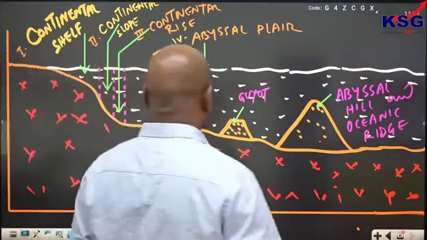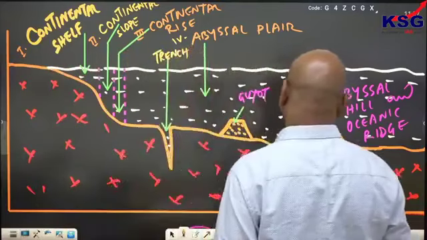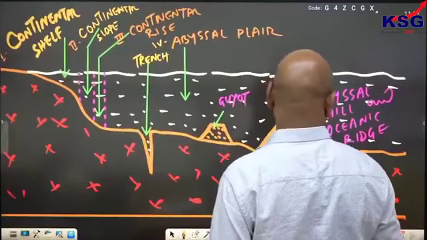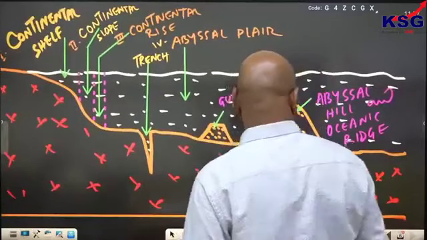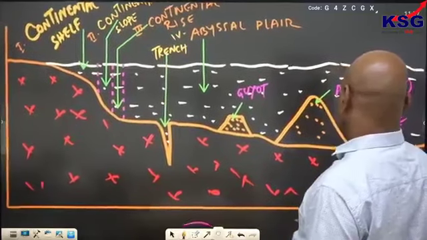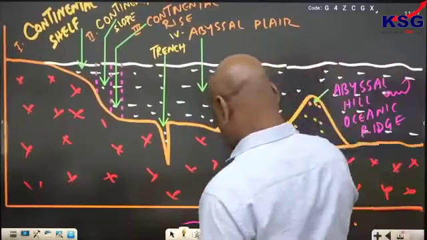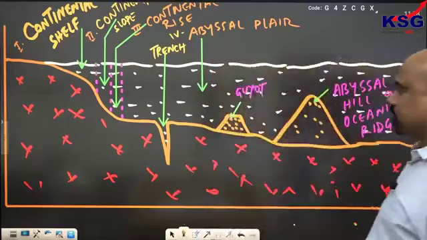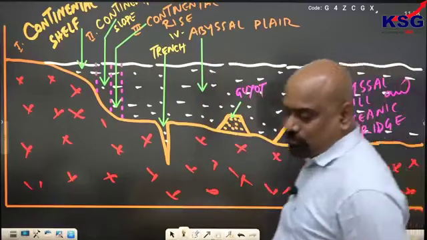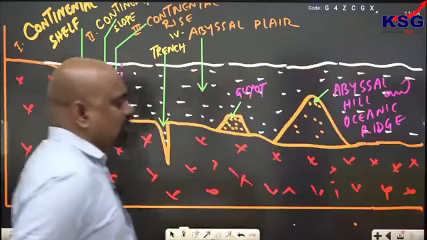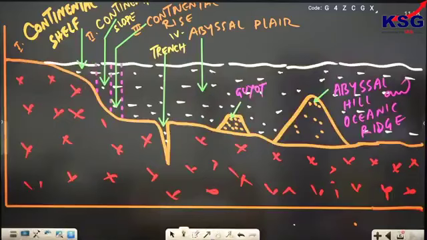You can go for abyssal hill, or oceanic ridge. I hope you have drawn this. Please draw this first. इसको ड्रॉ कर लीजिए, फिर एक एक करके हम डिस्कस करेंगे ओशियन के अंदर कैसा है, क्या है स्ट्रक्चर.